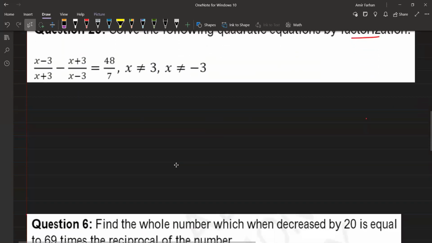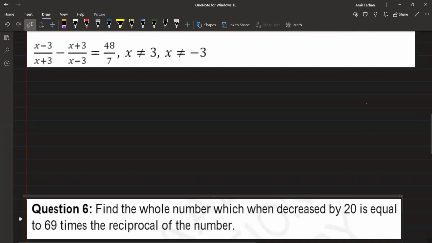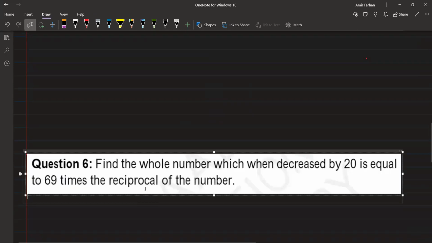These questions are basically from RD Sharma, the above two, and the rest, this third one is from the PYQ.